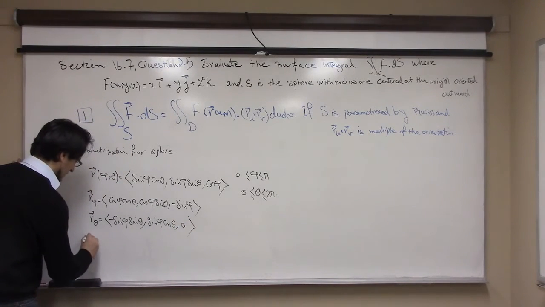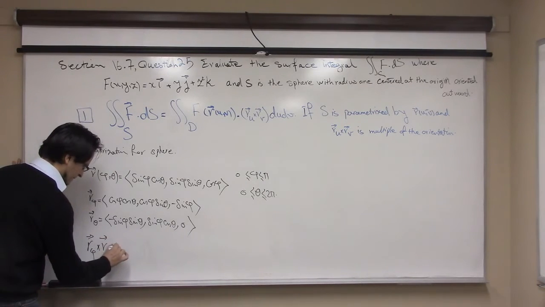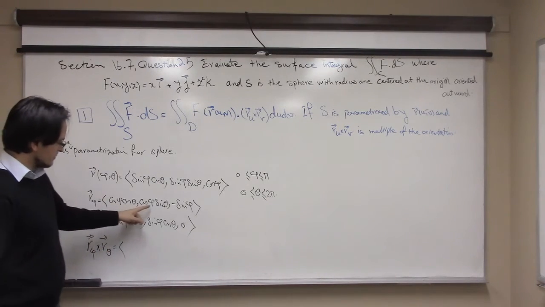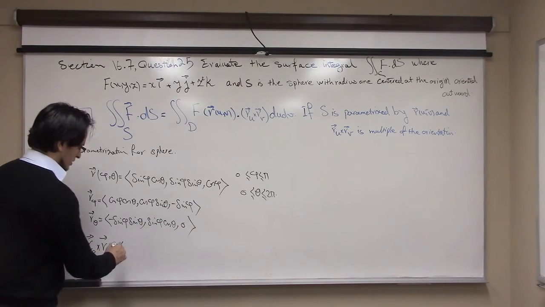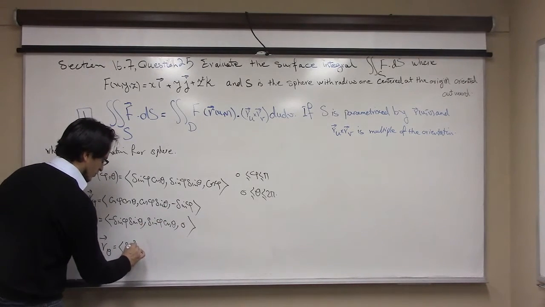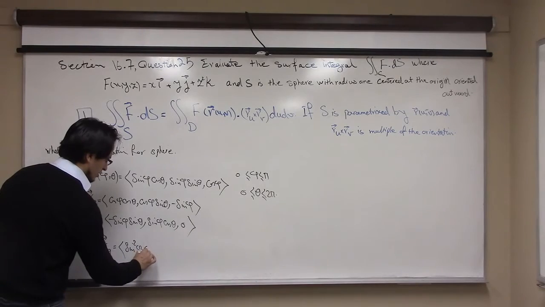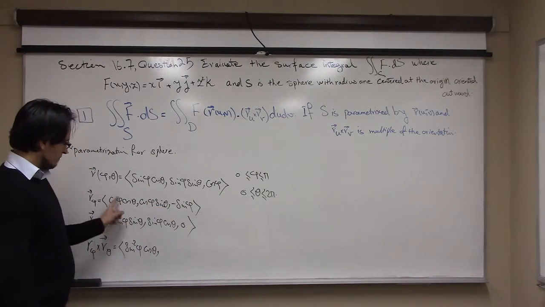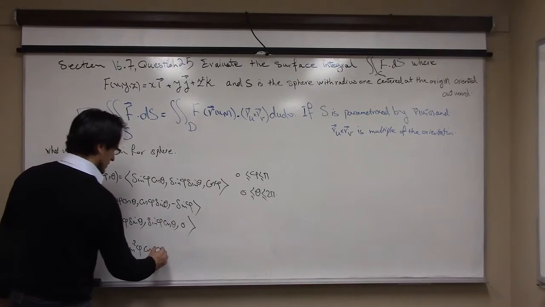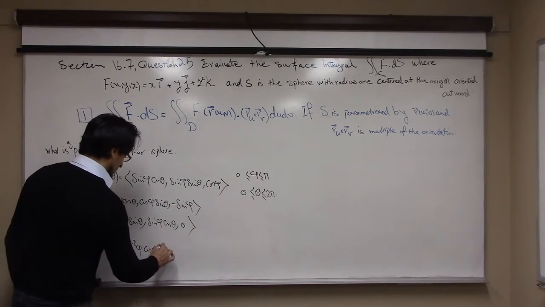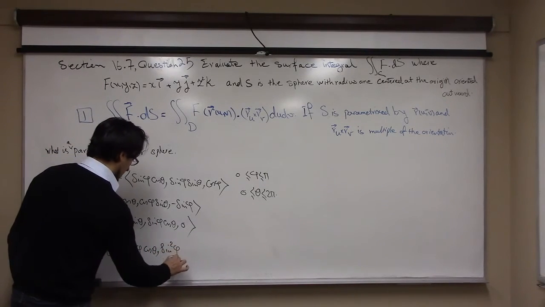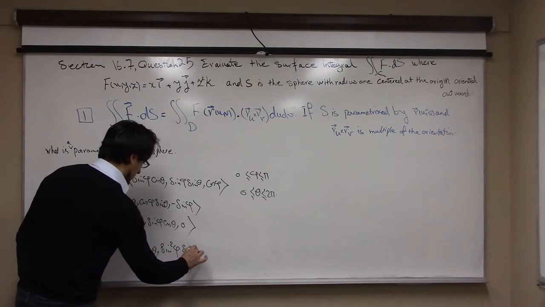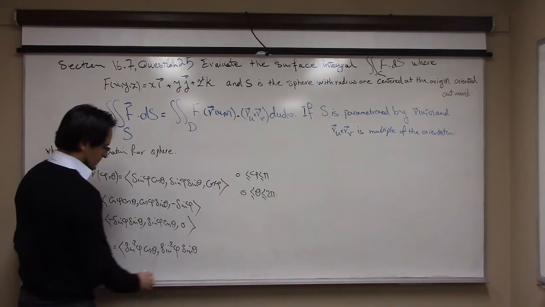Then let's find r_phi cross r_theta. Cross product, this minus this, so it is going to be sine squared phi cosine theta. Then this minus that, it is sine squared phi sine theta minus 0.